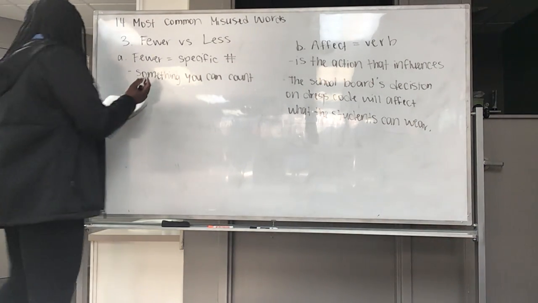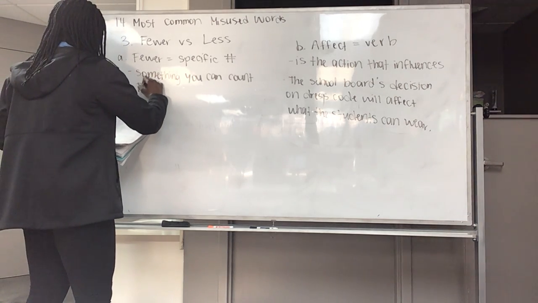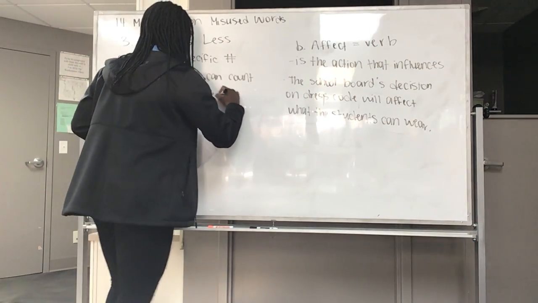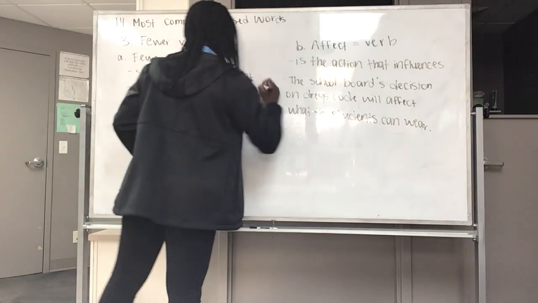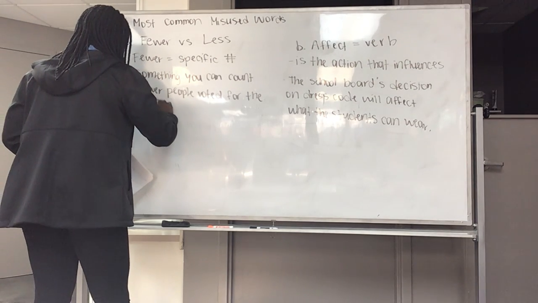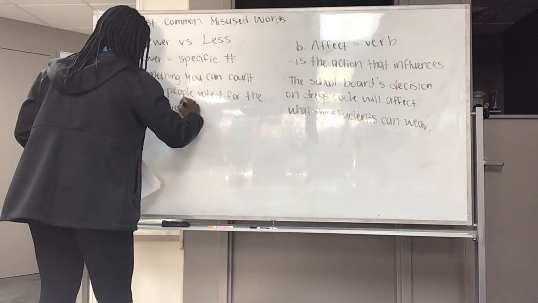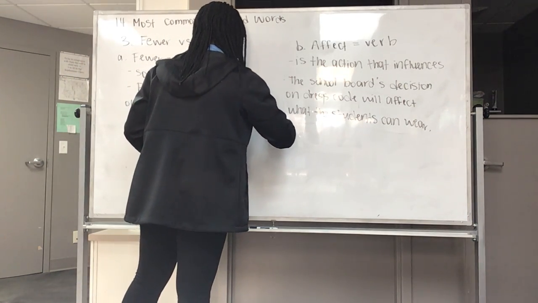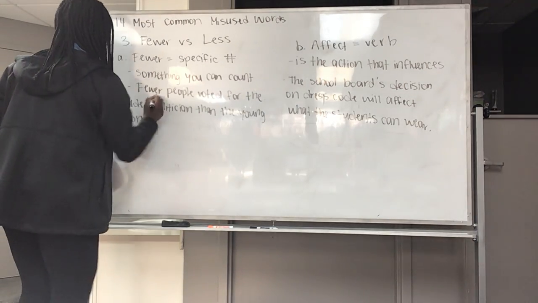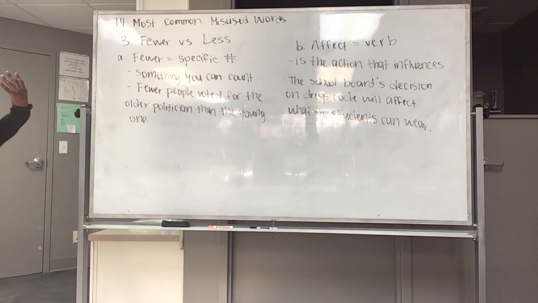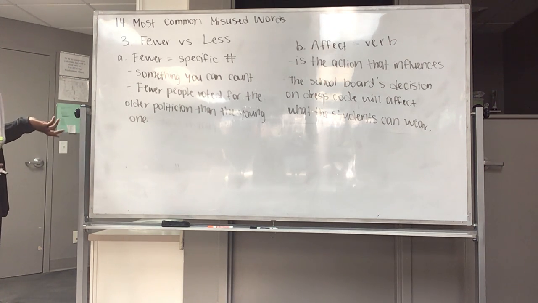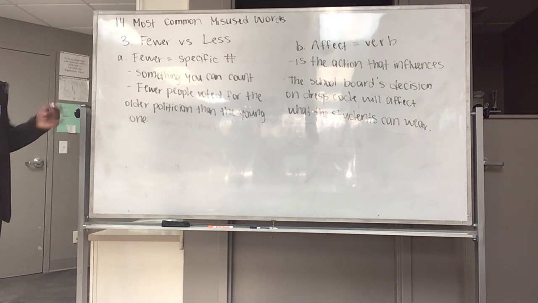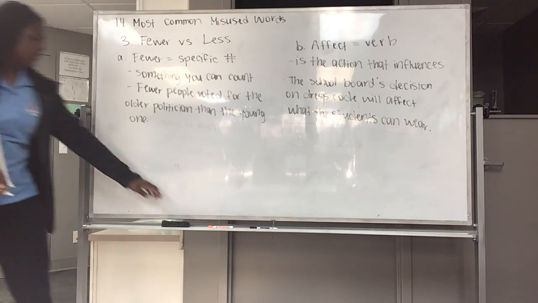So I could say, fewer people voted for the older politician than the young one. Although we don't know exactly how many people voted for the older politician, if we did, that would be a specific number, something you could count. So in this case, we want to use fewer.